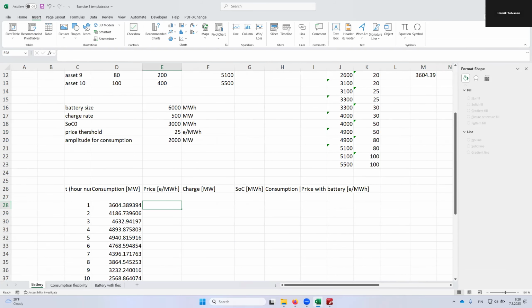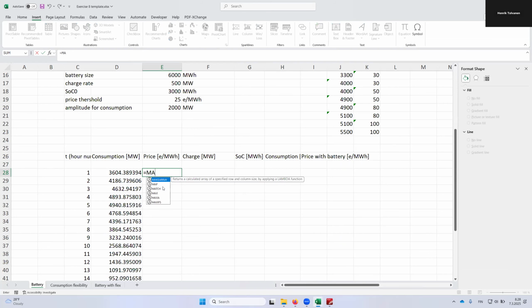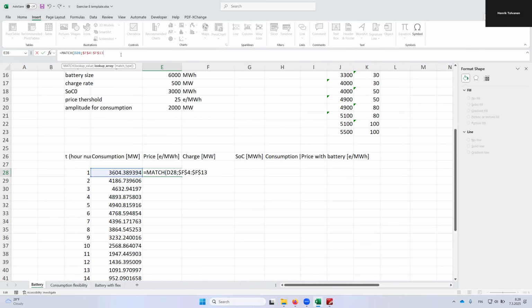So in here, what we can do is use the match function, so we can find this one from here. Let's go ahead and use the match function in the beginning. It asks for the lookup value and then the lookup array. And I'm going to dollar that. So you can see it's number 6.